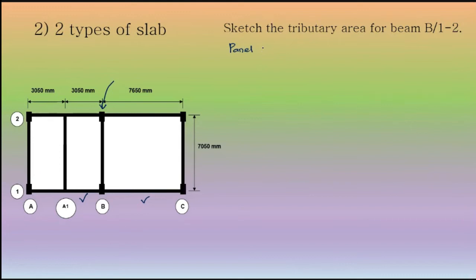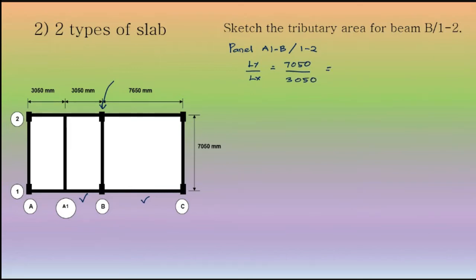Kita tengok panel, you all buat, bagi tahu saya, panel A1 stroke B, A1B stroke 12, LY over LX dia dapat berapa? Sini kita ada LY, this one this one. LY is 7050, LX is 3050.